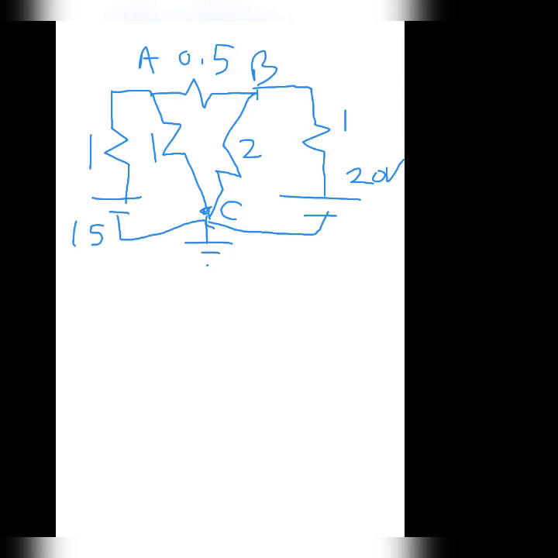Okay, so these are the nodes A, B, C, where C is the reference node, and two voltage sources are given, resistances are given. We are required to find the power consumed in the passive elements network.